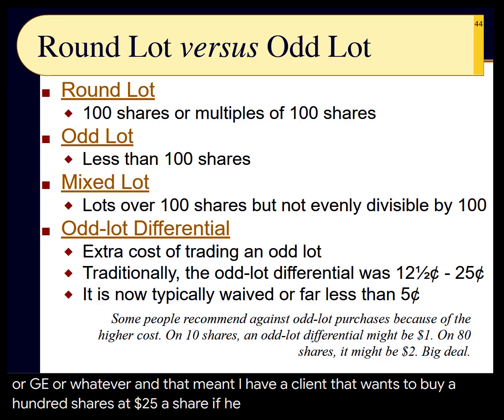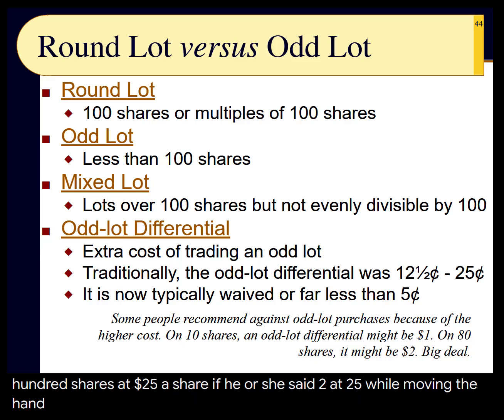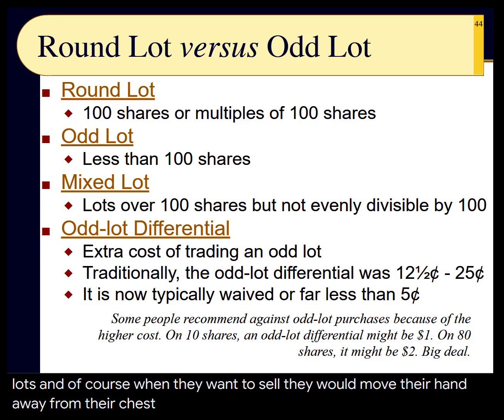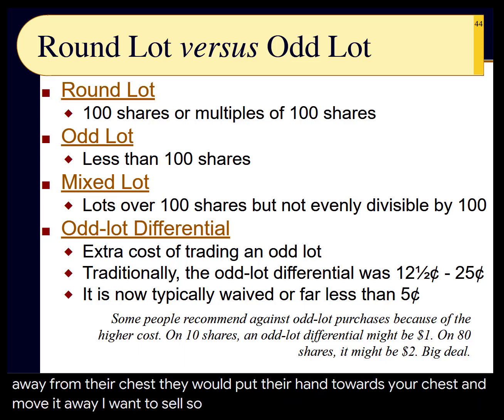If he or she said 2 at 25 while moving the hand toward him, that meant they wanted to buy 200 shares, 2 round lots. And of course, when they wanted to sell, they would put their hand towards their chest and move it away. I want to sell. So 25, I'll sell 100 shares at $25 a share.